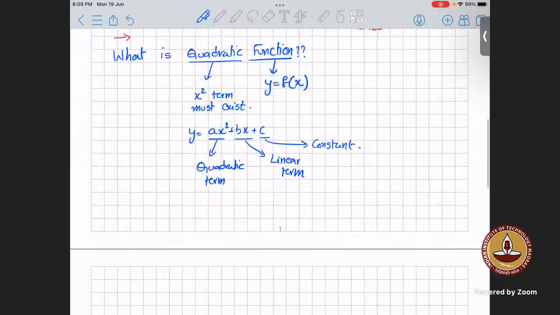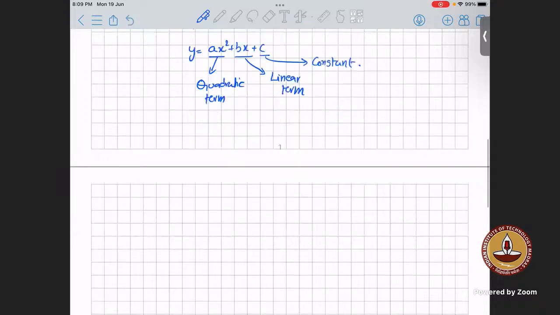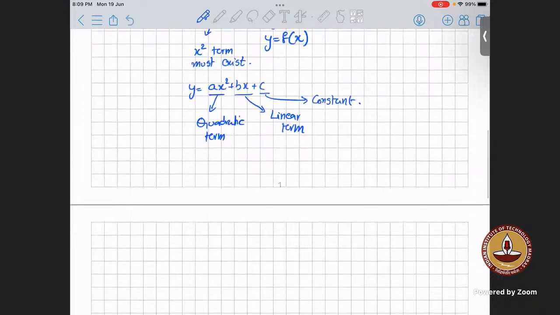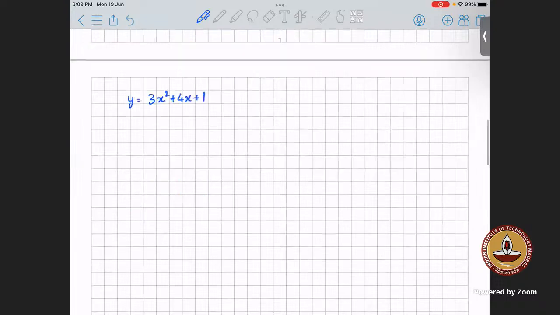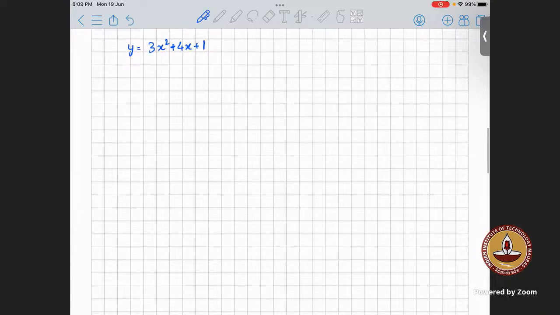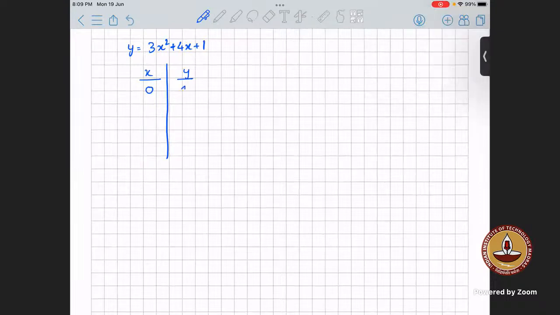To understand this, let us take an example in the form y equal to 3x squared plus 4x plus 1. Now we will take x values and find y values. Let x be 0, then what is the y value? Yes, y is 1.